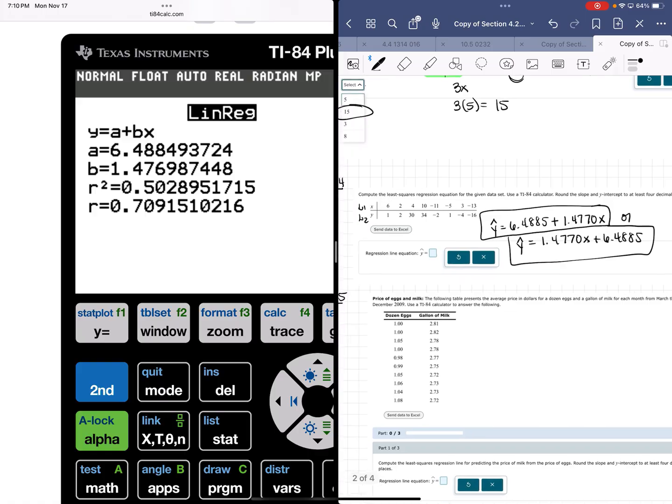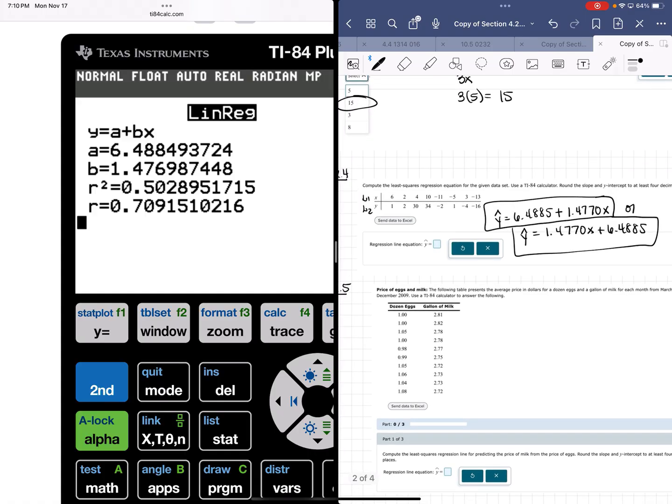Okay, example 5. I think it's another regression. What does it say? The following table presents the average price in dollars for a dozen eggs and a gallon of milk for each month from March through December 2009. You answer the following. Compute the least squares regression line for predicting the price of milk from the price of eggs.